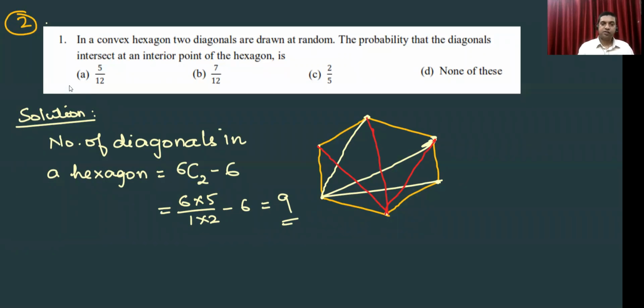From the third vertex, 7, 8, and then this is the ninth.